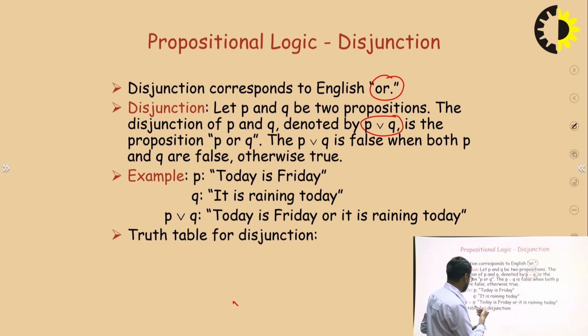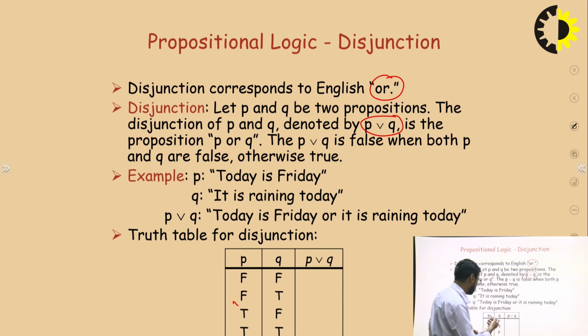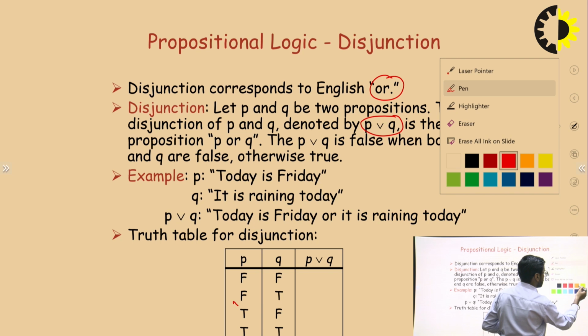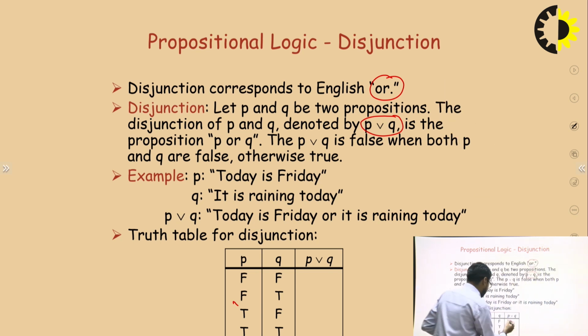In the same way, we can create the truth table for the logical or of P and Q. False, false gives false.